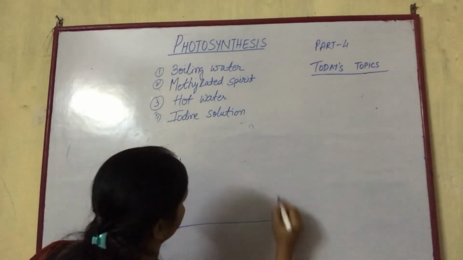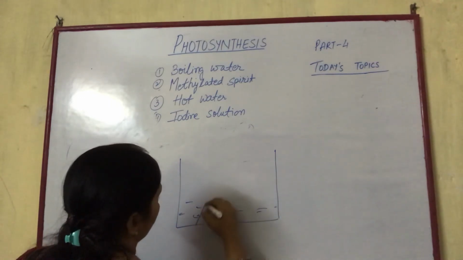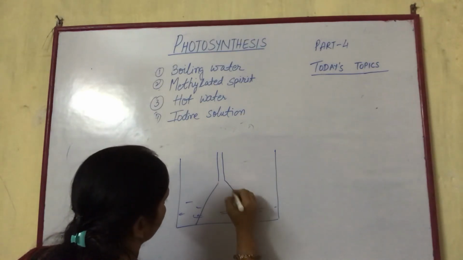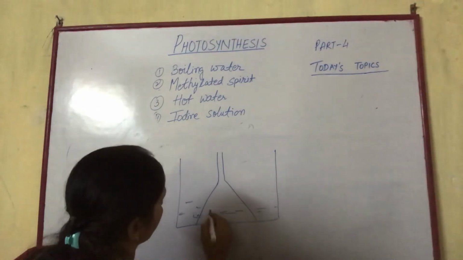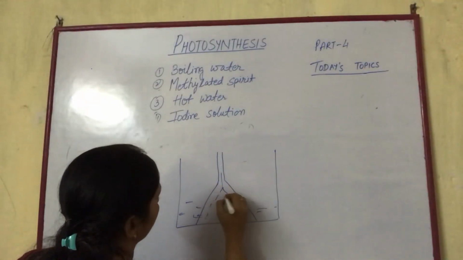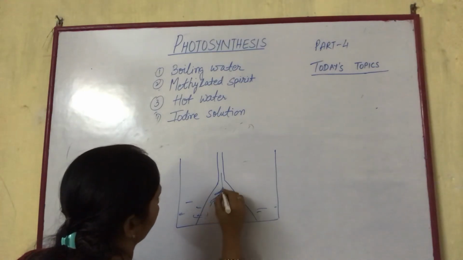In a beaker containing pond water, we have taken a short stem conical flask, and inside the conical flask a hydrilla plant is kept.